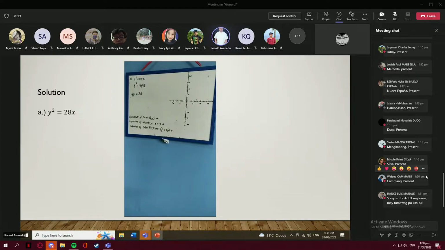Of course, it is true because Sharon is equal to Sharon, Bukoy is equal to Bukoy. Pareho. Now, since these two are equal, y squared to y squared, x to x, then what are left are 28 and 4p.